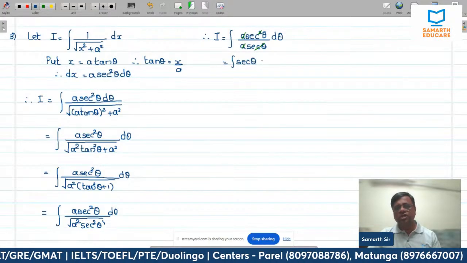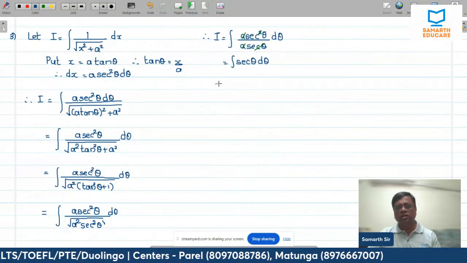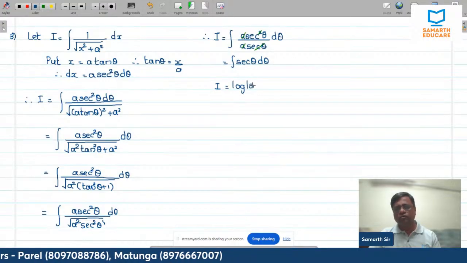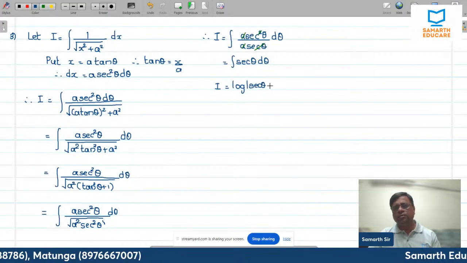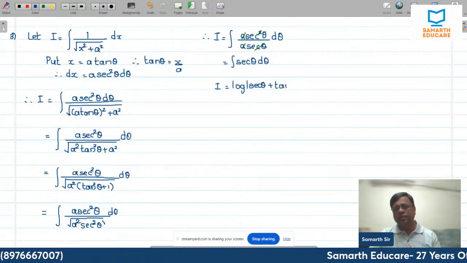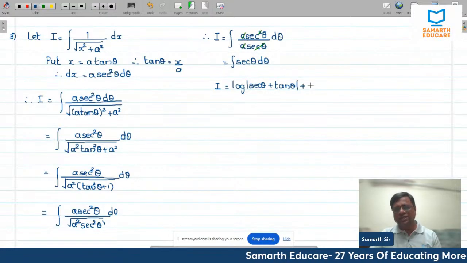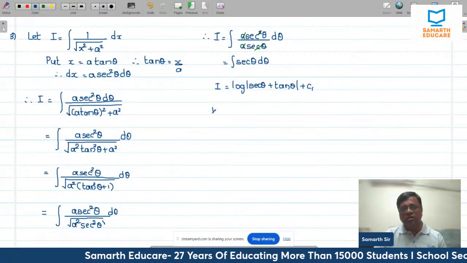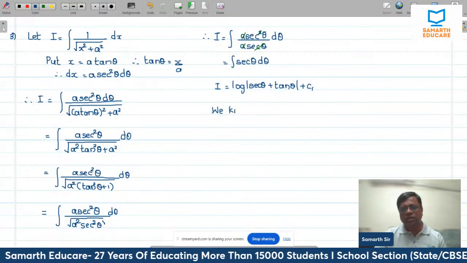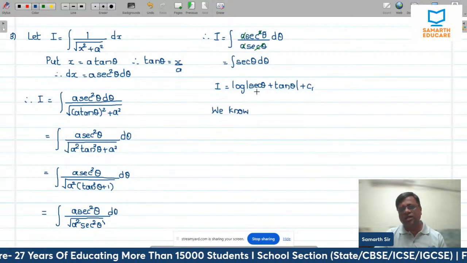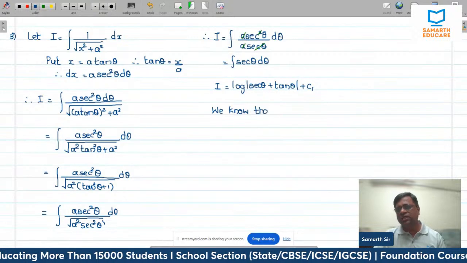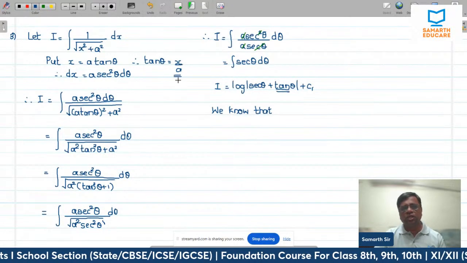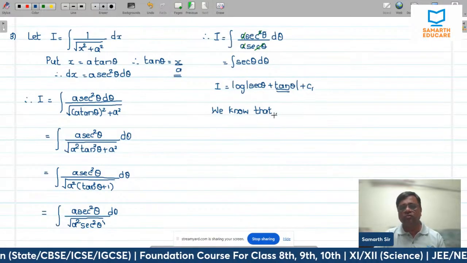Just like the previous one, we all know that the integration of sec theta is log of sec theta plus tan theta, and again plus c1. Just like the previous problem, we know the value of tan theta, but we do not know the value of sec theta. Here in this case, we know the value of tan theta, that is x upon a, but we do not know the value of sec theta.